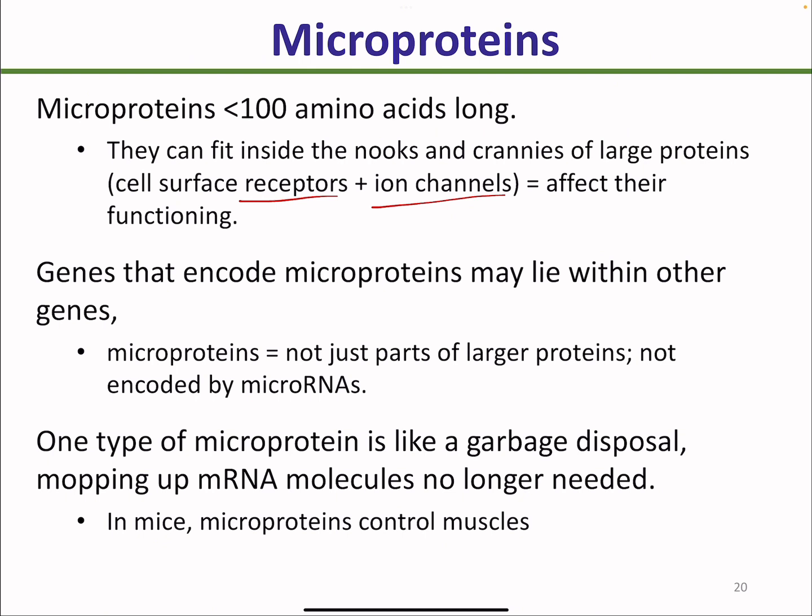So microproteins are not just part of larger proteins, but they are their own segment of DNA that produce a small segment of messenger RNA that is going to actually produce these microproteins. Okay? One type of microproteins are the microproteins that actually tag messenger RNA for destruction.